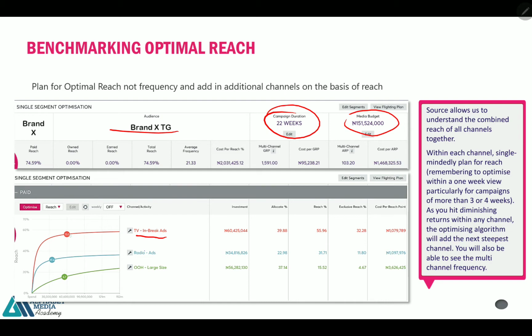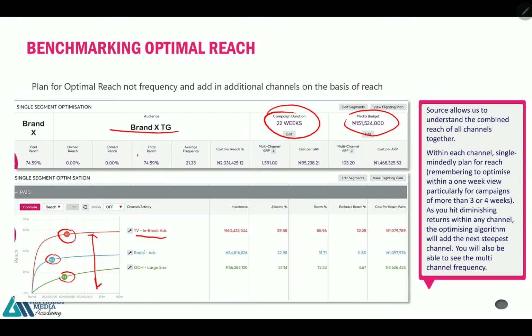For TV, for instance, this is probably where the reach maxes out. Then when we've invested a sufficient amount of money, we can move investments to radio, move investments to out of home, and split the budget based on their reach potential. So TV has more of the budget as against radio and out of home. On that basis, we're able to deliver a maximum amount of reach.